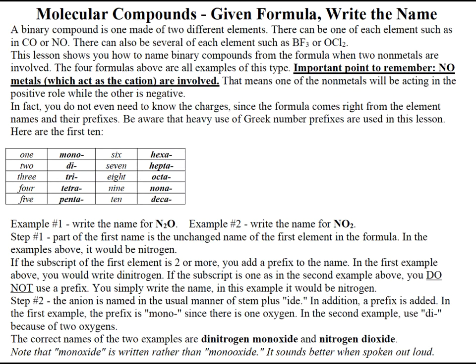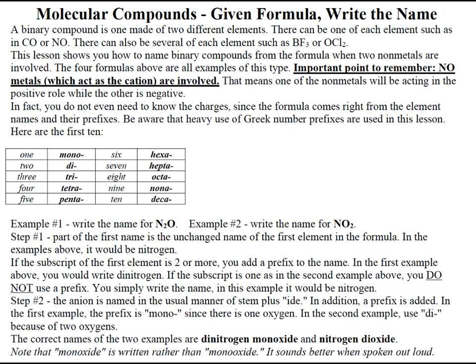This lesson is going to show you how to name binary compounds from the formula when 2 nonmetals are involved. Now, there will be no metals in this. There are no cations, there are no charges, there are no crisscrossing, there are no parentheses. It is just 2 nonmetals.